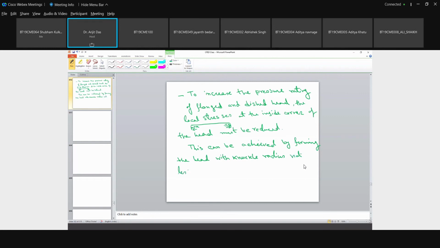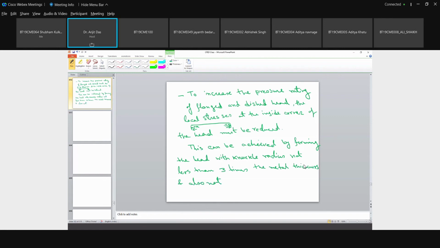not less than 3 times the metal thickness, and also not less than 6% of the inside diameter.